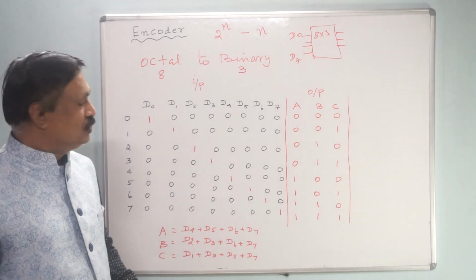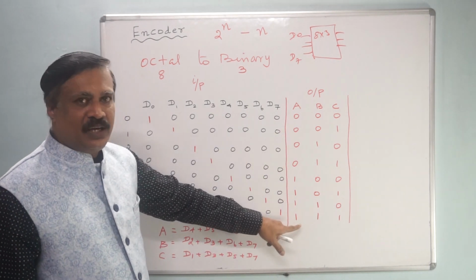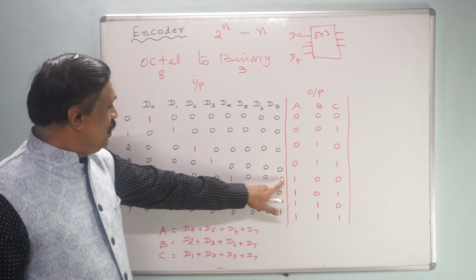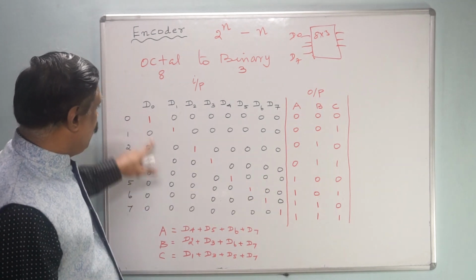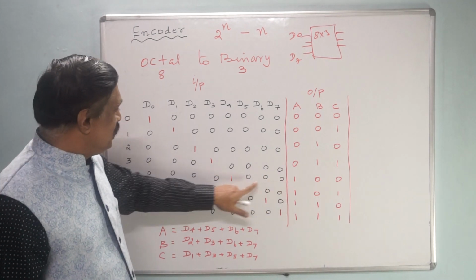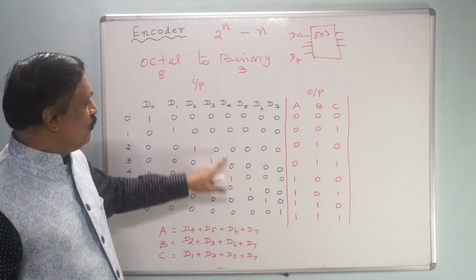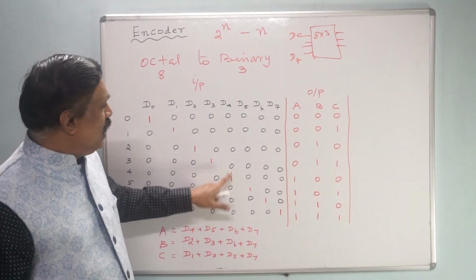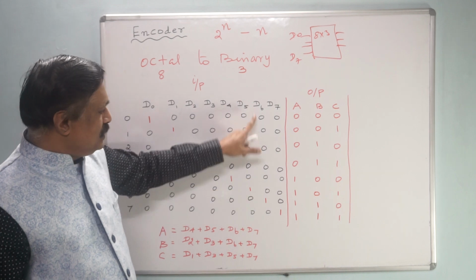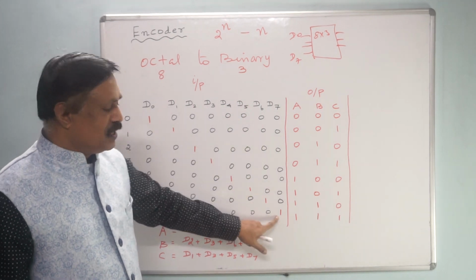You have to find out. Here 4 ones are there. Now which values do these belong to? D4, D5, D6 and D7 each have 1.